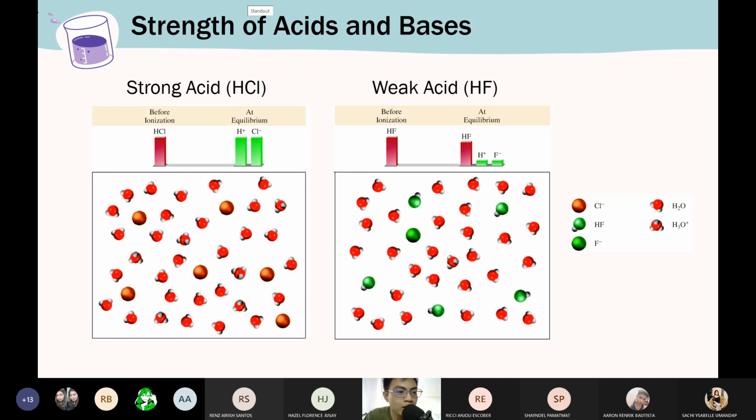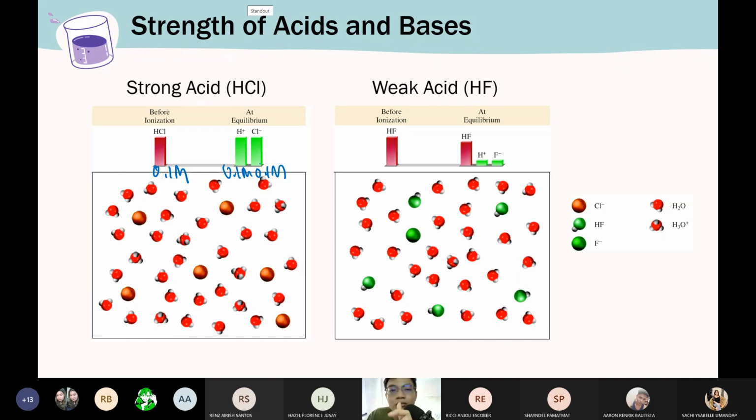Let's say your HCl is 0.1 molar. That means the products are also 0.1 molar according to the stoichiometry. It is that simple. Whatever the concentration of the acid is, using stoichiometry, you can tell the concentration of your products because they are fully dissociated.